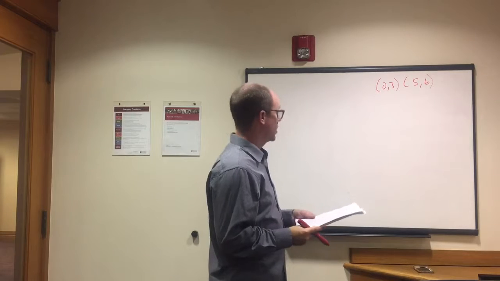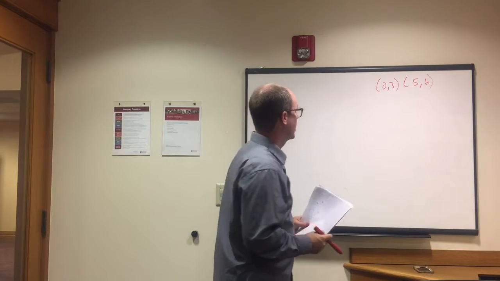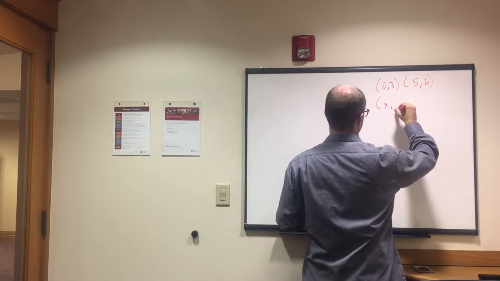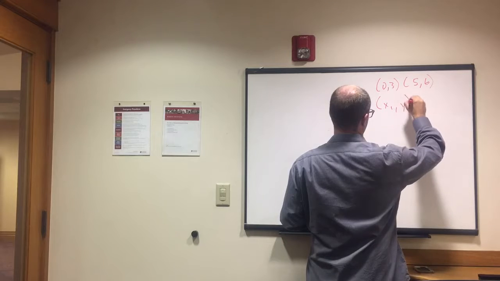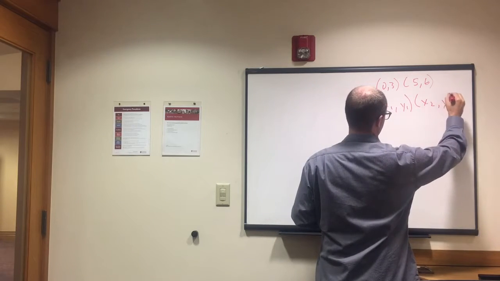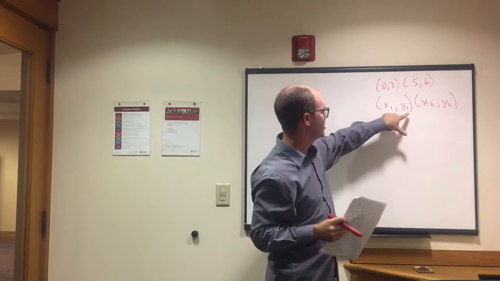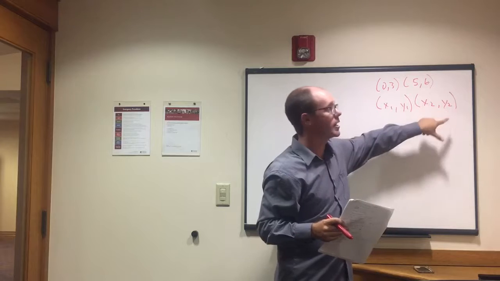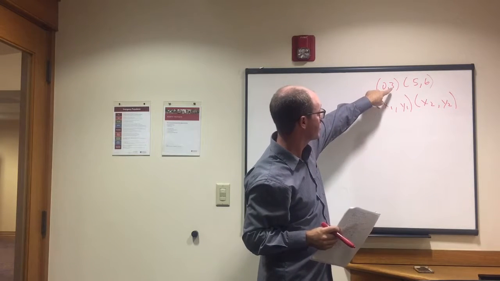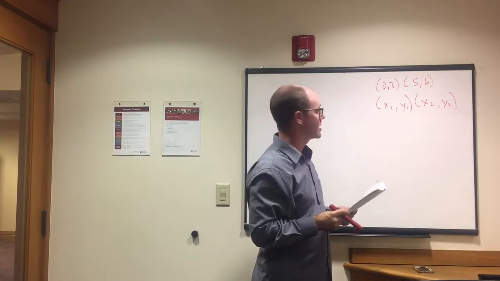Okay, now they give you these 2 data points, right? And within this, it's always x1, y1, x2, y2. So the 0 is x1, the 3 is y1, 5 is x2, 6 is y2.